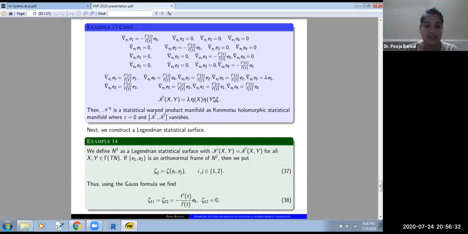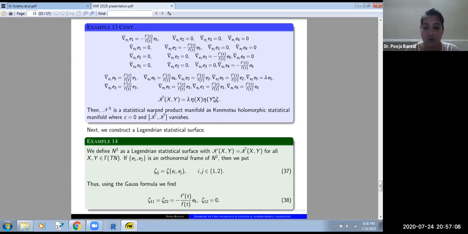Now my next example is for a Legendrian statistical surface. So I take a 2-dimensional Legendrian statistical surface N with the defined statistical 1-2 symmetric tensor K(X, Y) equal to K̄(X, Y) for all X, Y tangent vector fields on N. And if E1 and E2 is an orthonormal frame of N, then we have an equation, we let ζ_ij be defined by ζ(e_i, e_j), where e_i, e_j are the tangent vector fields.